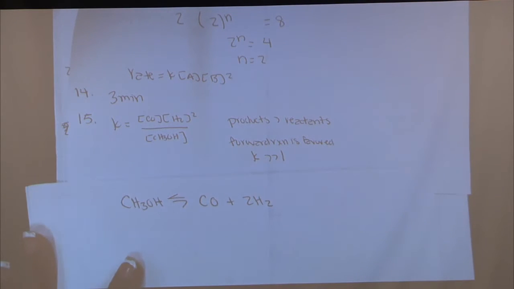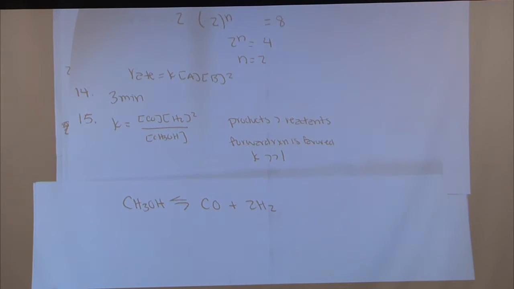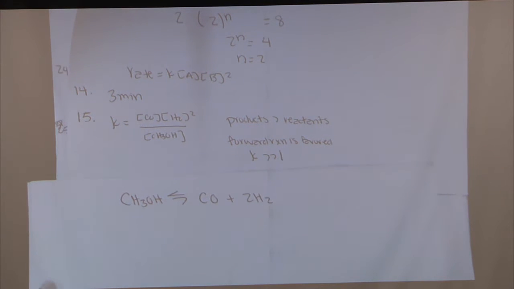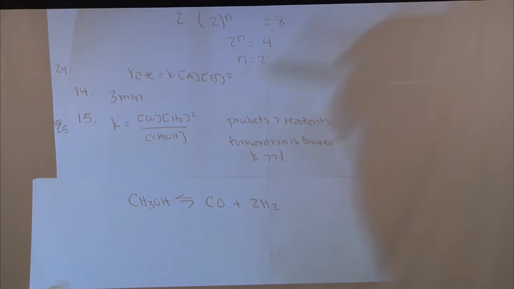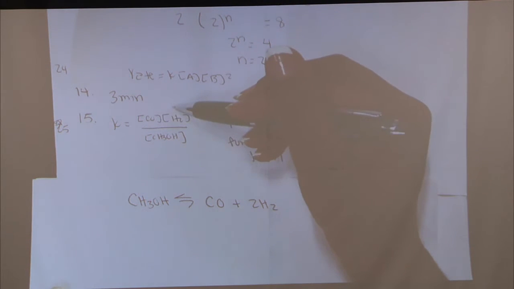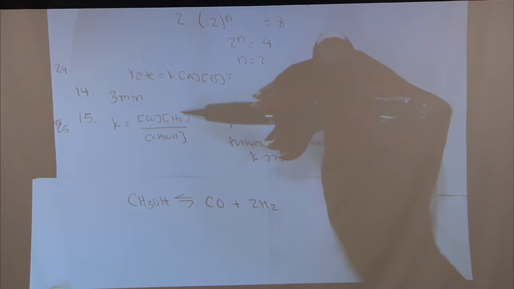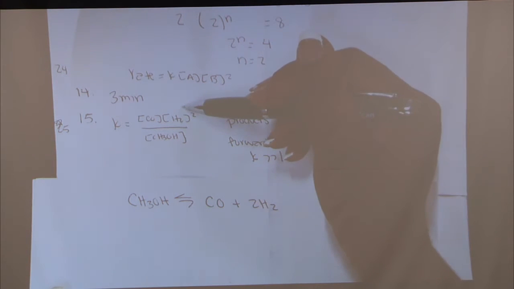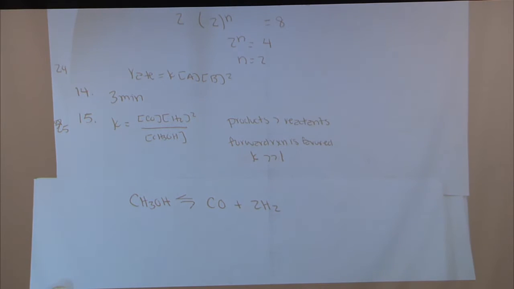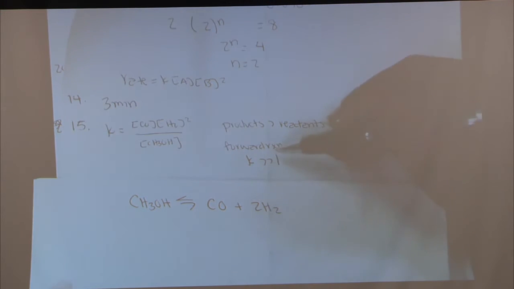Are there any questions regarding this one? Excuse me? Yeah, so let's say that the equilibrium concentrations up top are 5 and the bottom is 1. 5 over 1, K equals 5, and 5 is much greater than 1.